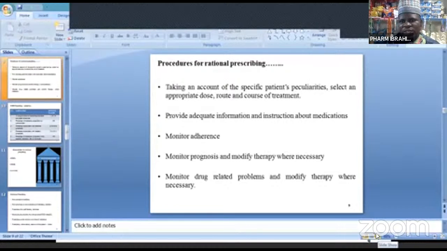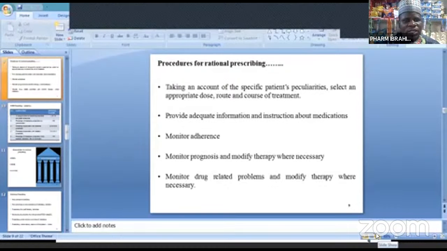These are the 4 basic principles of biomedical ethics. So even if you are using other models, apart from the ones I mention here, you should always remember the 4 basic principles of biomedical ethics. If there is any violation of the ethics, then you should know that there is irrationality in medication use.